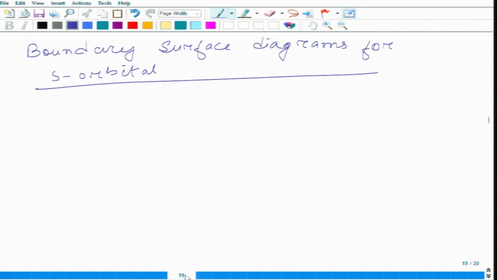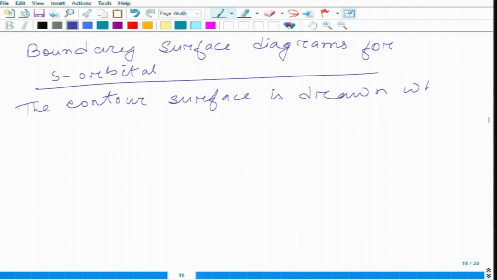In the boundary surface diagram, the contour surface is drawn where the probability density is constant.